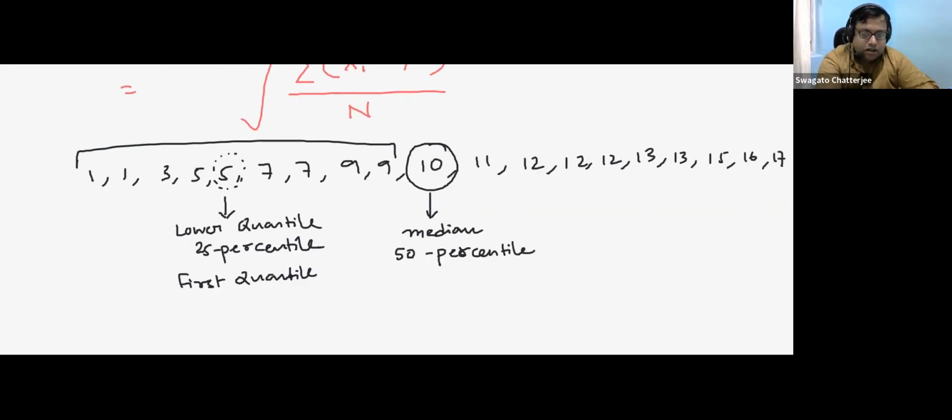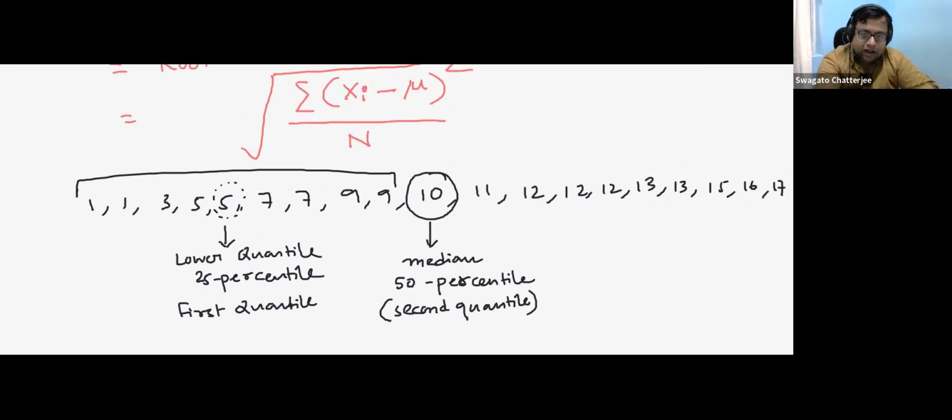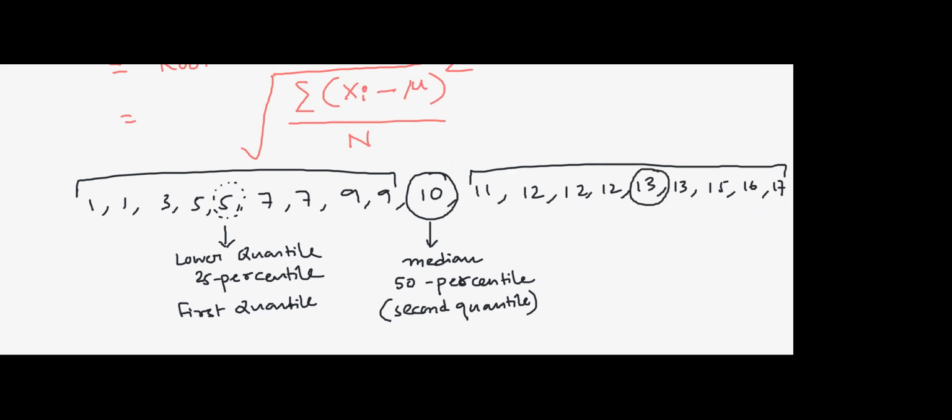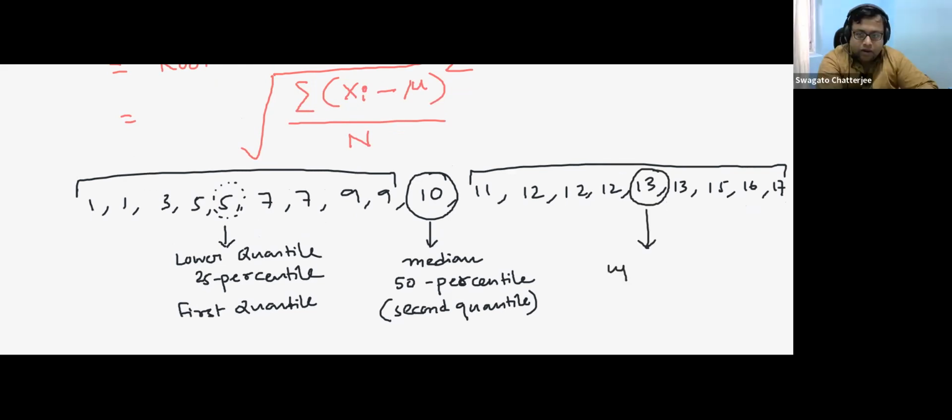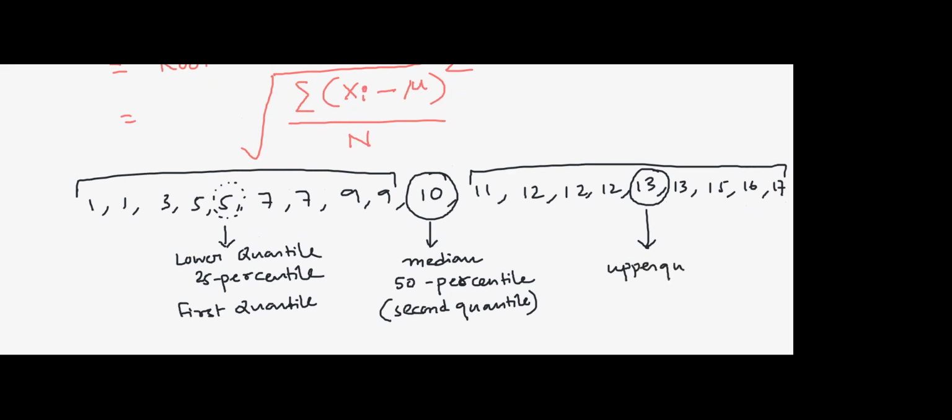This is called the second quartile, meaning 2/4 are lower than this. Then the third quartile or upper quartile is the median of the upper half, which is 13.